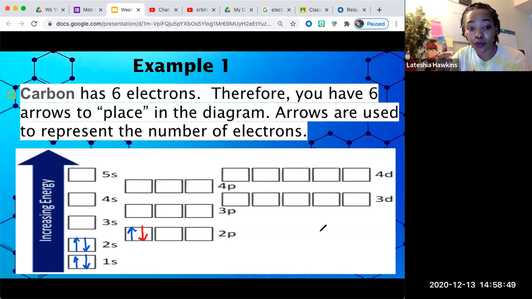It fits the second rule of opposite and paired, but it does not fit the third rule of the most spins the same as possible, okay? If I were to draw it this way, we're even: 3 up spins, 3 downward spins. We don't want that. If we can have the majority of our spins be the same, that is what we want. So that's why, like I said, if you have more than 1 line, you draw all your up arrows first.